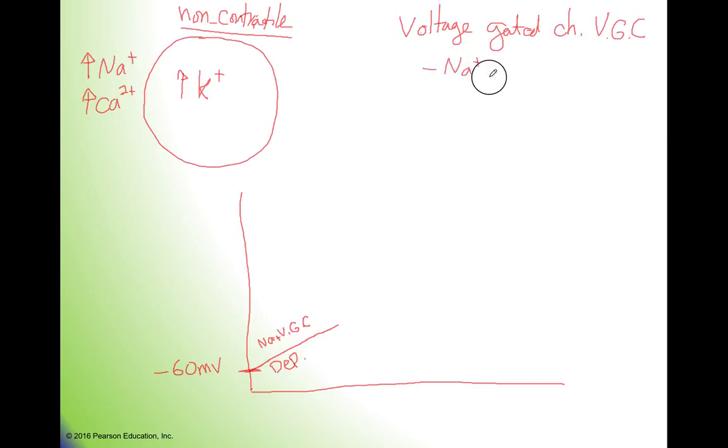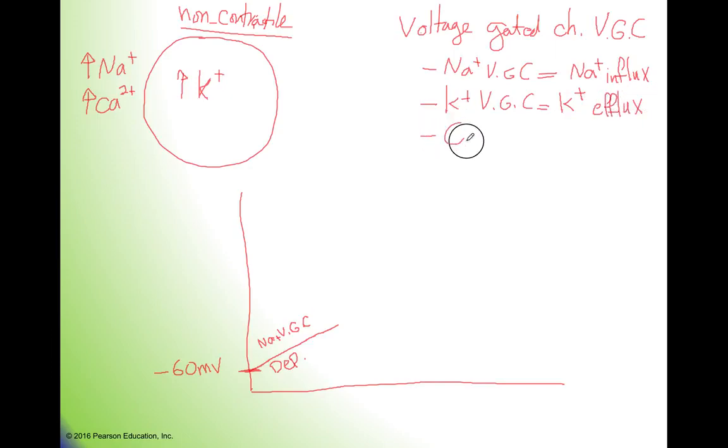You have sodium VGC, which when they are open causes the sodium to come in, and I'm going to use the word influx. We have potassium VGCs, which causes the potassium to go out of the cell, which I use the word efflux.